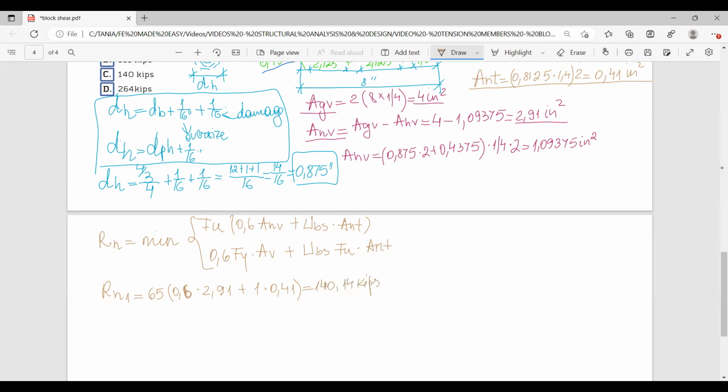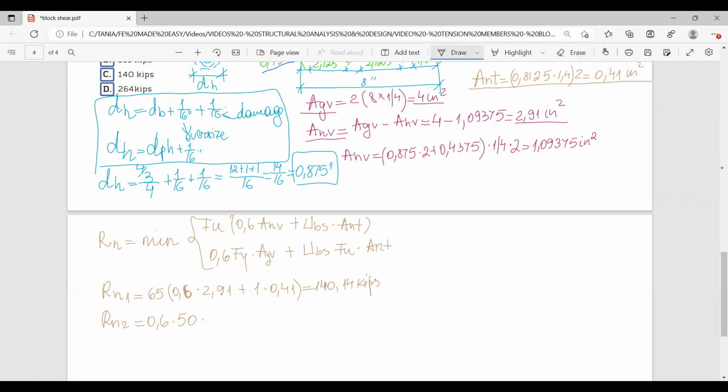And now let's calculate Rn2, the second formula. Rn2 equals 0.6 multiplied by Fy, which is given in the problem as 50 ksi, multiplied by Agv, this is the gross area for shear.